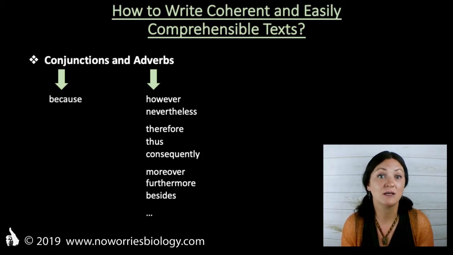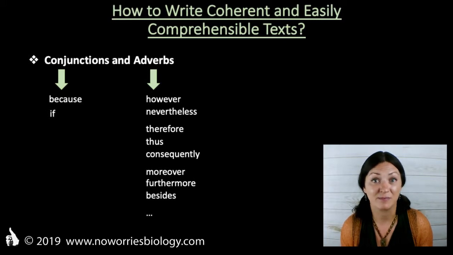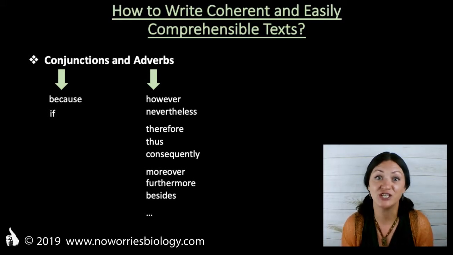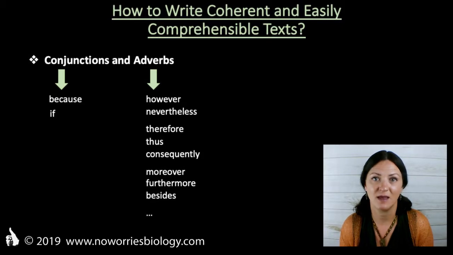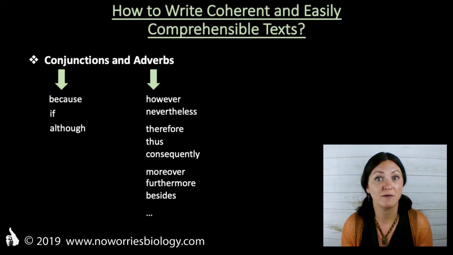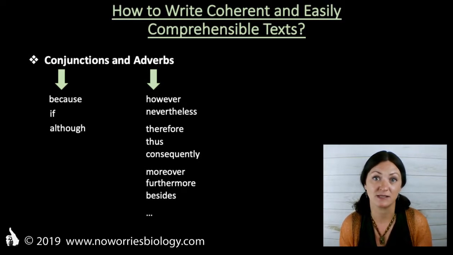The dependent clause that follows will give a reason for whatever is talked about in the independent clause. If. Here we can expect a condition to be stated. And although. We know that the content of the dependent clause will be a concession or an apparent contradiction to whatever the independent clause states.